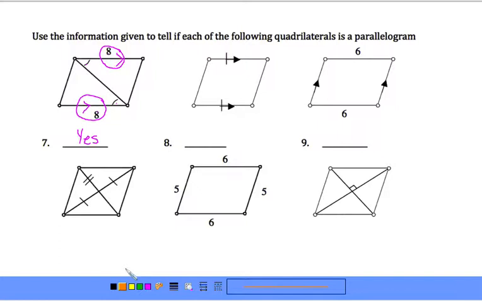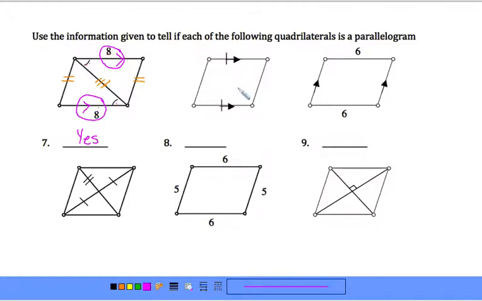If you forget that theorem, we could have also said it this way. Since this pair of angles is the same and this pair of opposite sides is the same, I could have marked this diagonal reflexive to itself and then said, you know what, I have a side angle side matching a side angle side, which means by CPCTC, these two sides of those triangles are congruent, which means I have two sets of opposite sides that are congruent, so it's still yes.